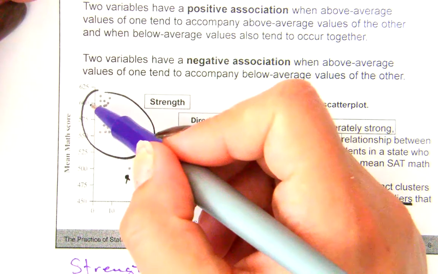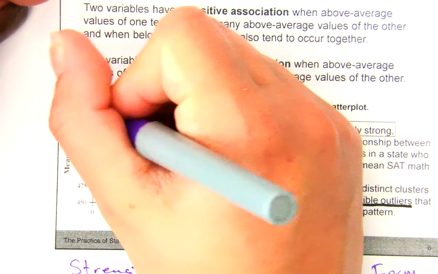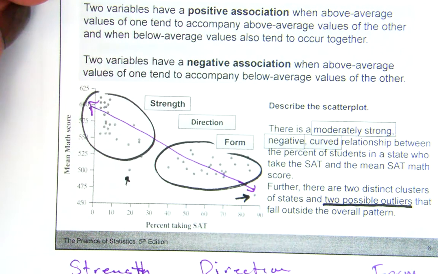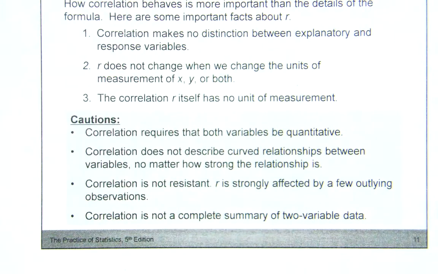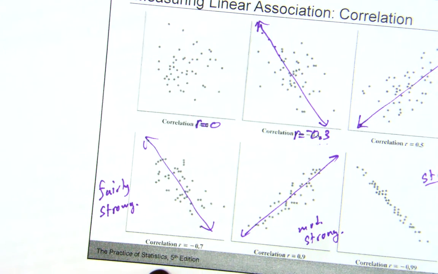You could still get some sort of correlation between the two, it's just not the best thing to use. You want it to be as linear as possible before you start talking about association.